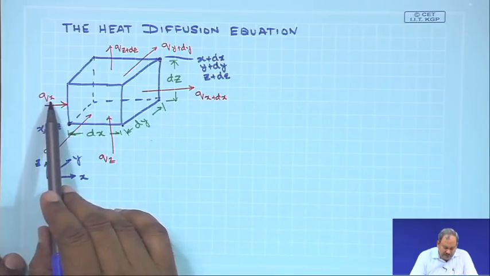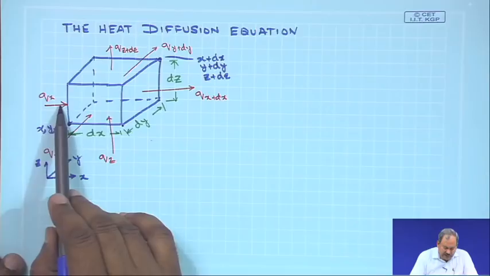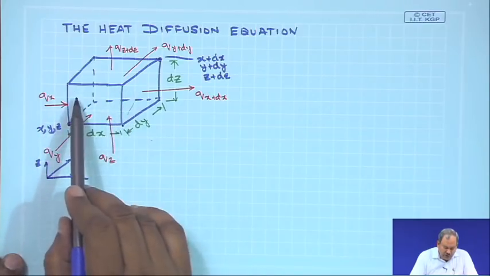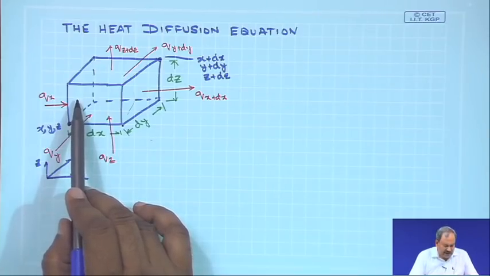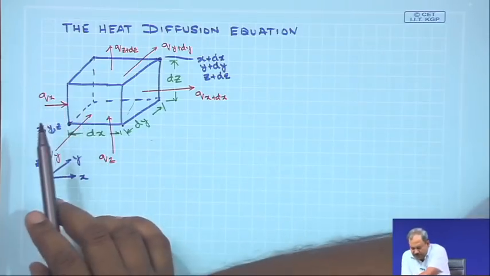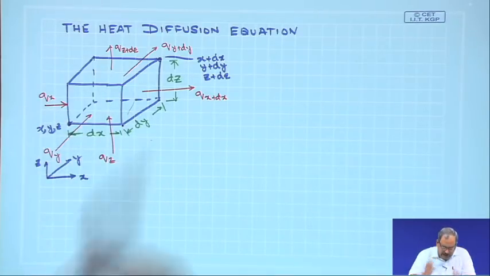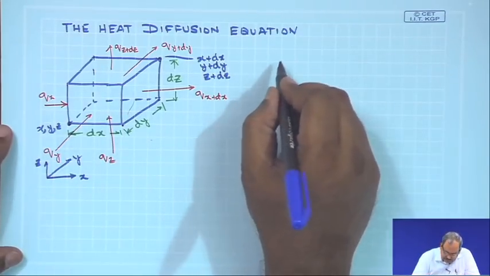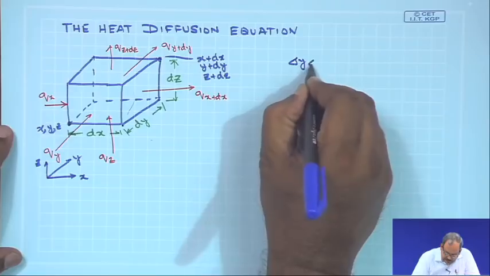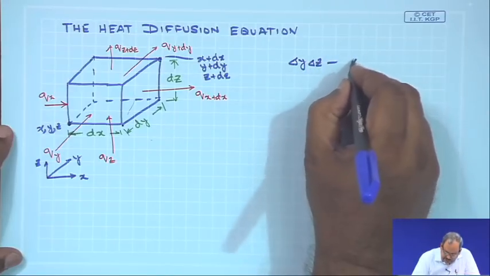So, q x denotes the amount of conductive heat flow to this control volume through the surface at x. The surface at x has an area equal to del y, del z.